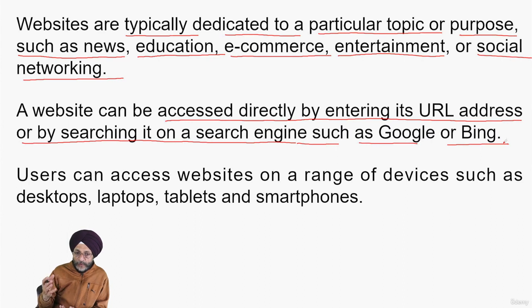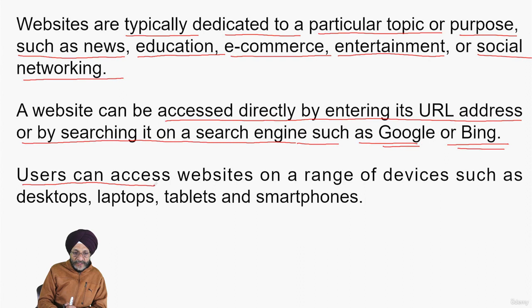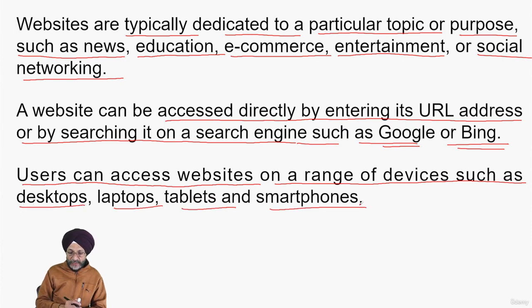For example, if you want to search the website of any university to get admission there, you can enter the name of that university in Google or Bing, and Google or Bing will search the website for you. Users can access websites on a range of devices such as desktops, laptops, tablets, and smartphones. That is, you can access any website on your desktop, smartphone, or laptop.